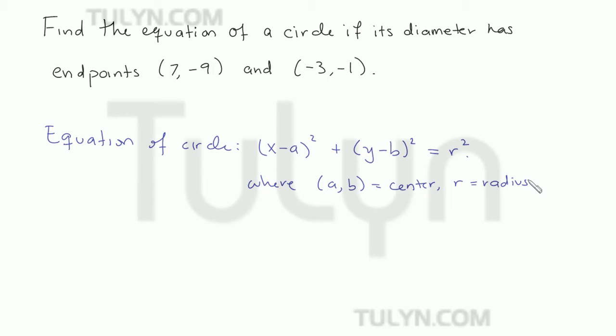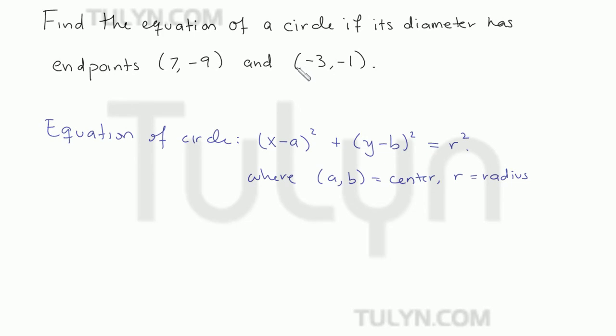So to find the equation of the circle, we need to find the center and the radius, but we have the endpoints of the diameter. Let me draw a picture to show you what's going on. One of the endpoints is somewhere around here, and the other endpoint is somewhere around here, and this is the diameter of the circle, so the circle looks something like this, more or less.